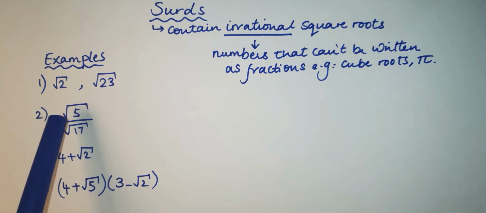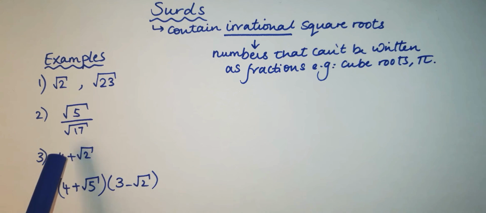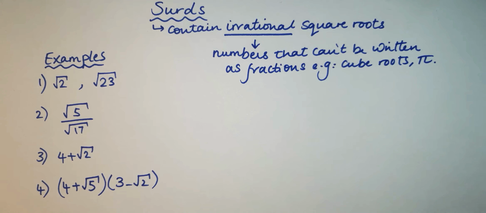Now, root 5 over root 17 is an example of a surd as a fraction. And then we have 4 plus root 2, which is also a surd with an integer. That counts as a surd because root 2 is an irrational square root.